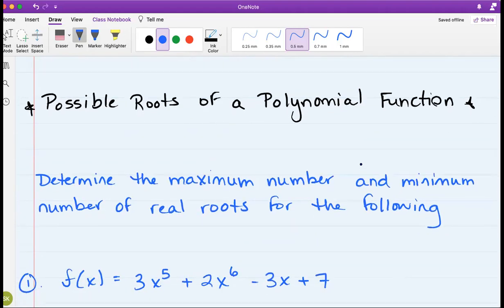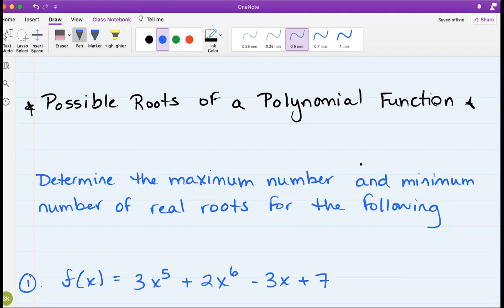Okay, so a major topic in polynomial functions is graphing. And to graph a function, we usually find the roots of a polynomial function. Sometimes we'll be given all of the roots of the polynomial function, and it'll be really easy to have an idea of what the graph looks like.